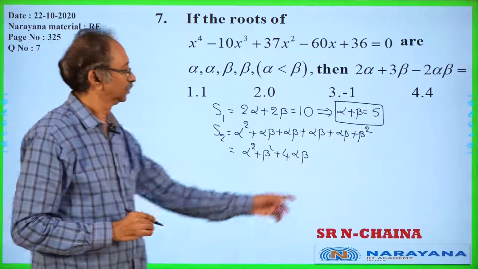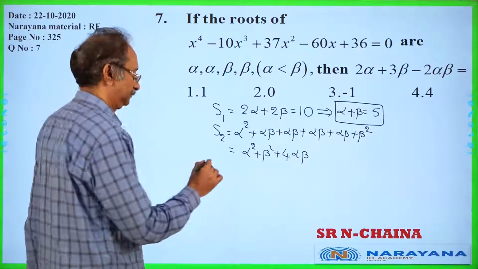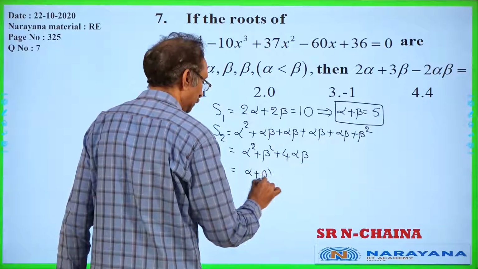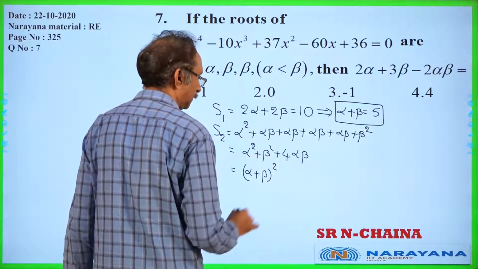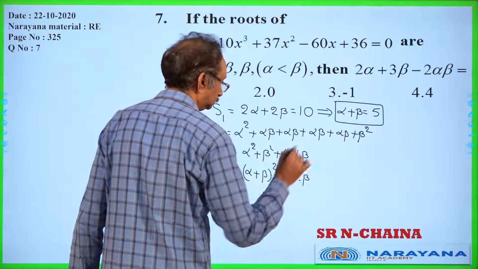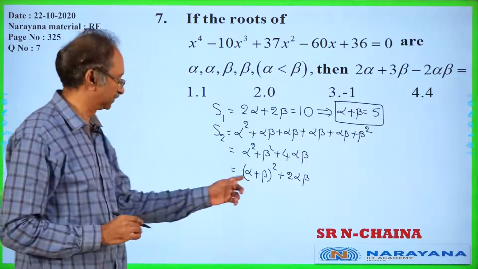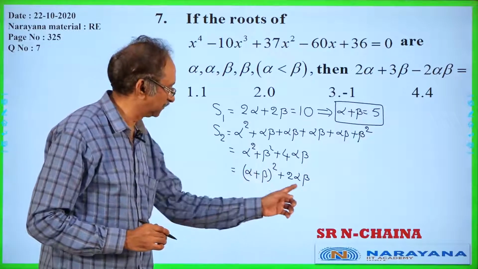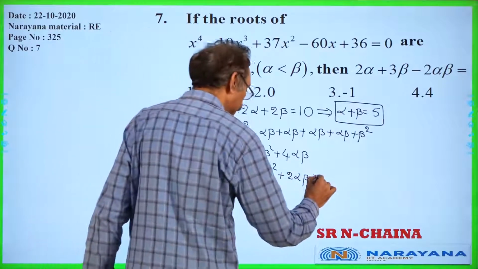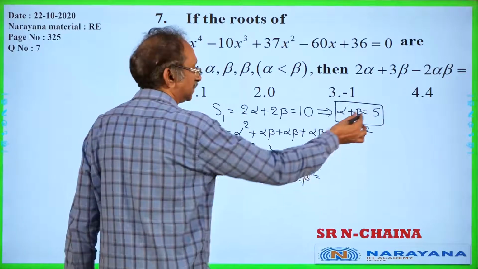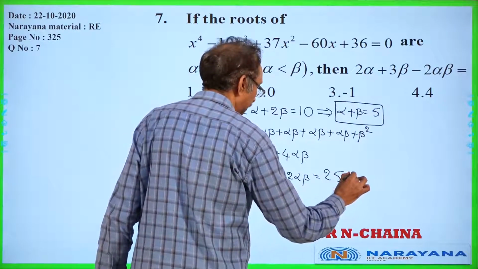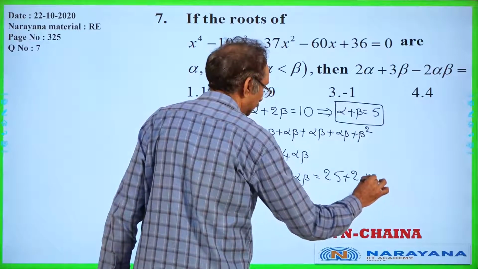But see, we know alpha plus beta. So, this can be written as alpha plus beta whole square plus 2 alpha beta. Because alpha square plus beta square plus 2 alpha beta plus 2 alpha beta, that is 4 alpha beta. So, this is equal to, what is alpha plus beta? 5. So, 5 square, 25, plus 2 alpha beta.